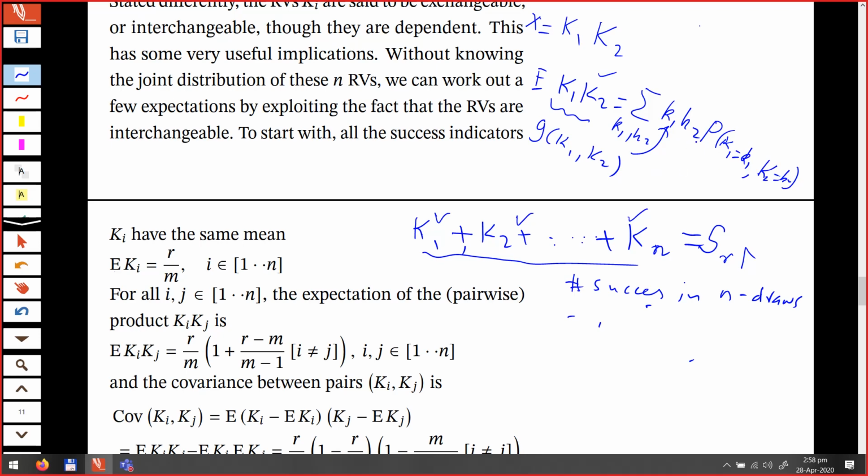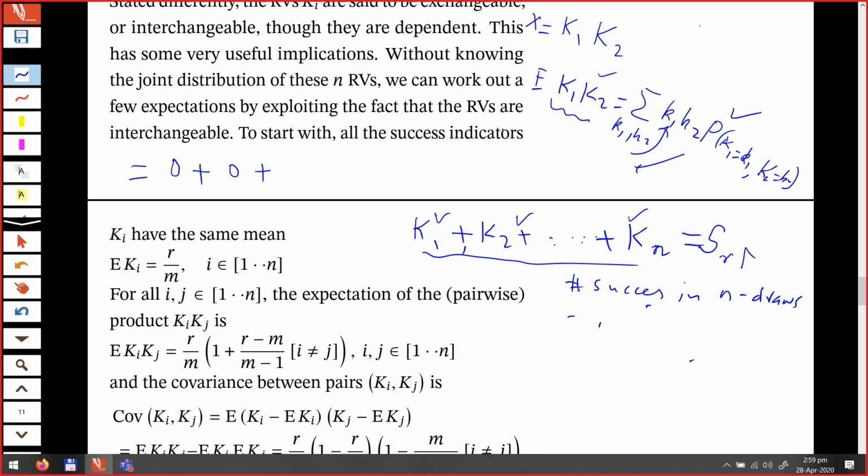So now you have to help me with all possibilities. What is the first possibility? That K1 is 0 and K2 is, let's say, anything. 0 times anything is 0, so if K1 is 0, this answer will be 0. I don't care what the probability is there. If K2 is 0, I will still get a 0.